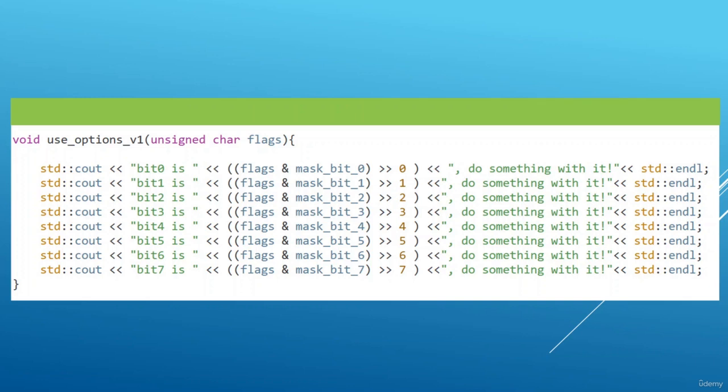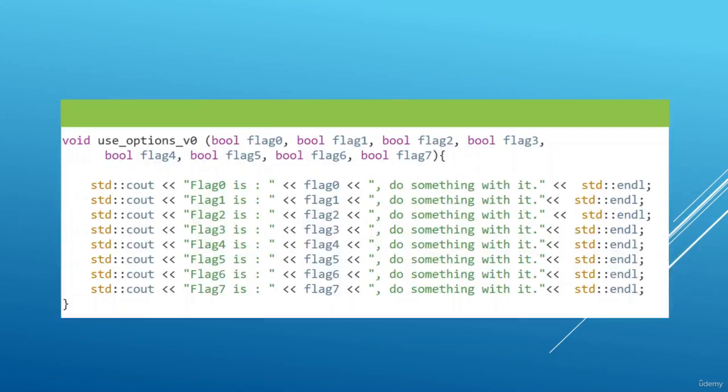And inside the body of the function, we can use the same technique we learned about in the last lecture, which we can use to check if a particular bit is 0 or 1. And with this, we can get exactly the same thing as we had here, only we are using a smaller amount of memory because we are passing 1 byte instead of 8 bytes.